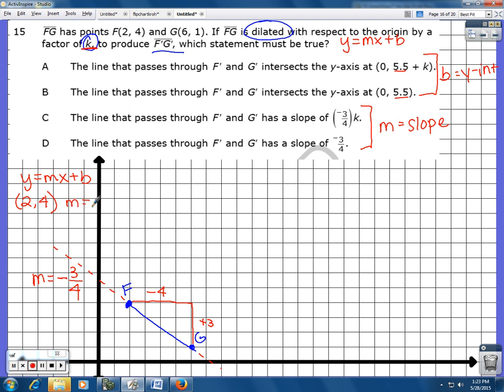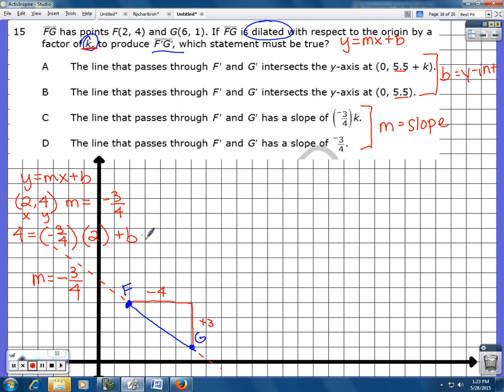And then you have your slope of negative 3 over 4. We know that our x would be 2, y would be 4. So we can plug this into our equation. So 4 goes in for y, m is negative 3/4, x is 2, and then plus b. Now we can solve for b using that.